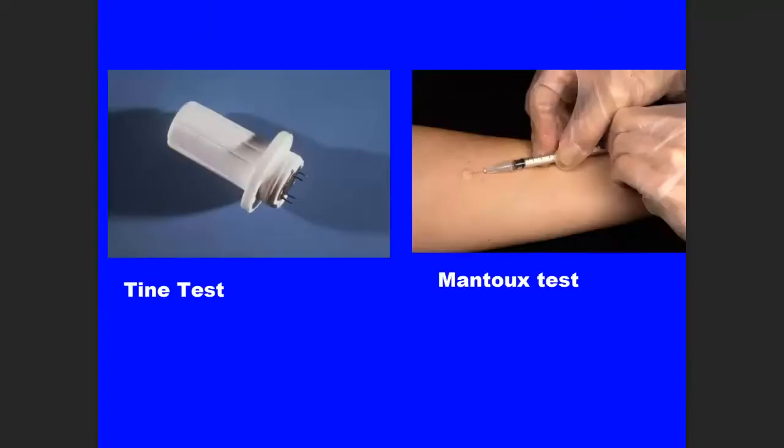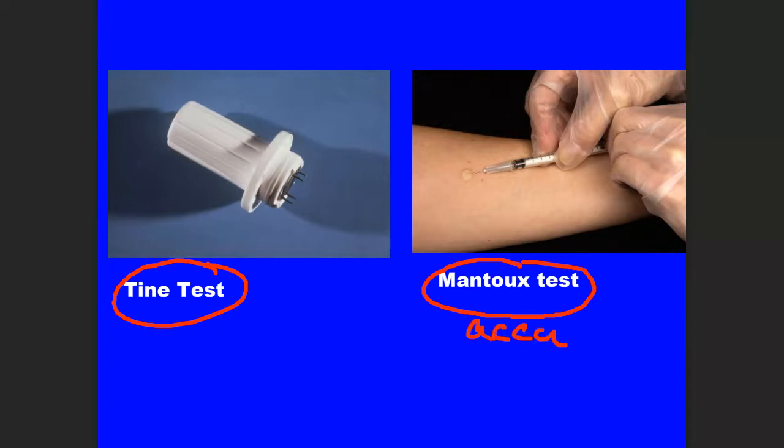The test. Let me talk a little bit about the test. There's actually two versions of the test. There's what's called the tine test and the Mantoux test. The Mantoux test is a little bit more accurate because they're able to inject a very precise amount of the antigen underneath the skin.